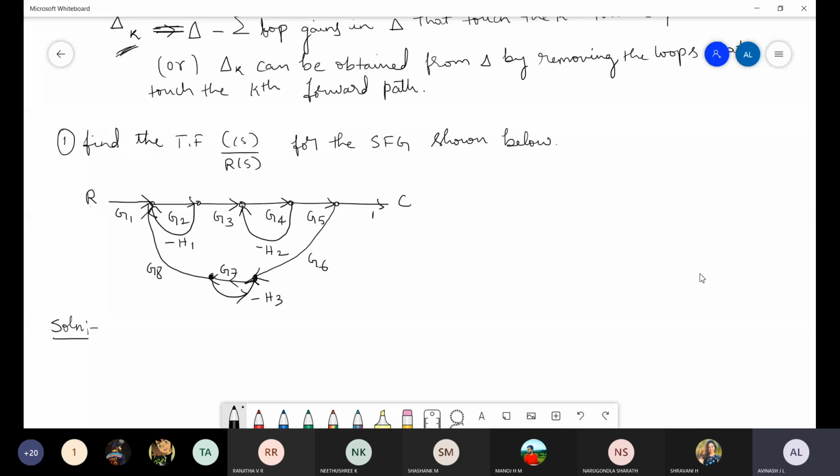So now tell me, first thing is what? The first step in the solution, we'll find out forward path and path gain. So how many forward paths are there in the given numerical?